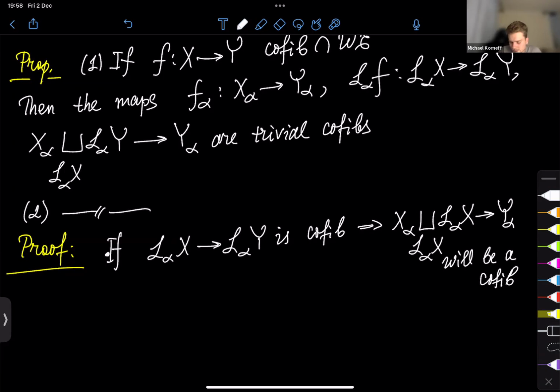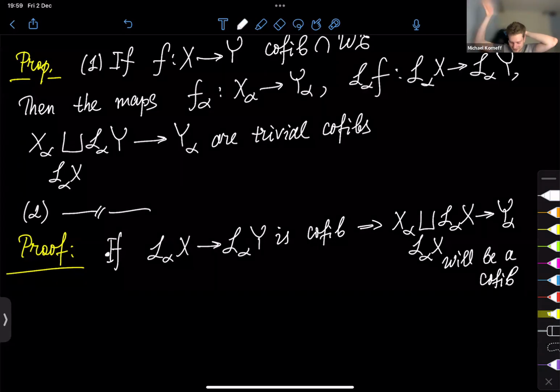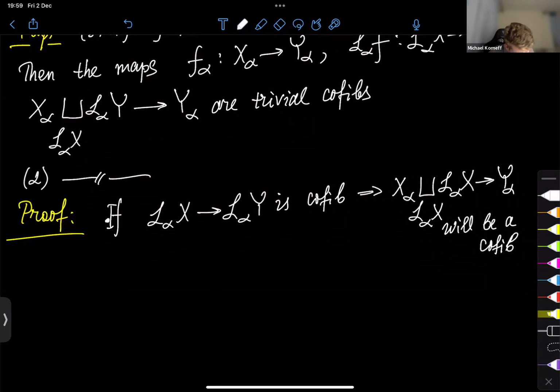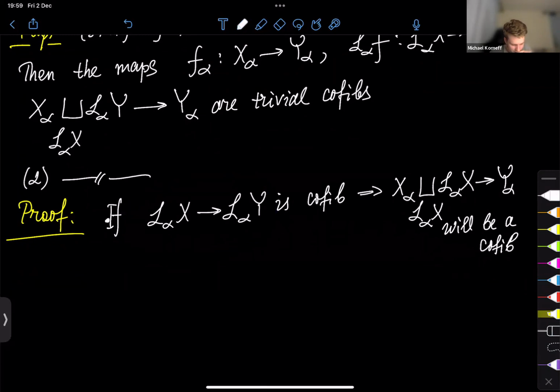The proof of this fact looks like the proof for the sum of lemma above, and I recall it. Suppose that this map is a weak equivalence.